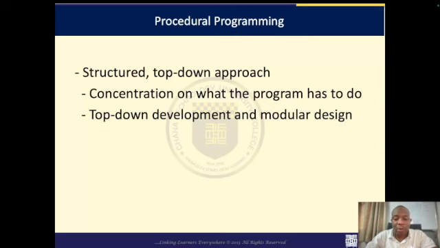Now, let's look at what we mean by top-down development. In top-down development or program design, the general solution to the problem is outlined first. You would realize that this outline is then divided gradually into more detailed steps until finally the most detailed levels are completed.